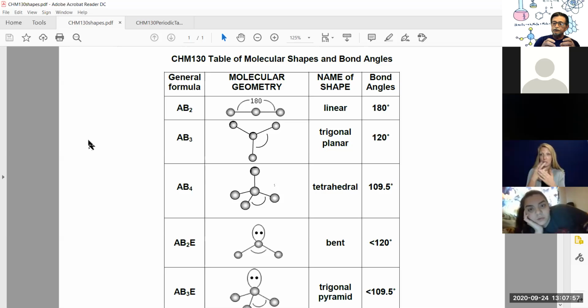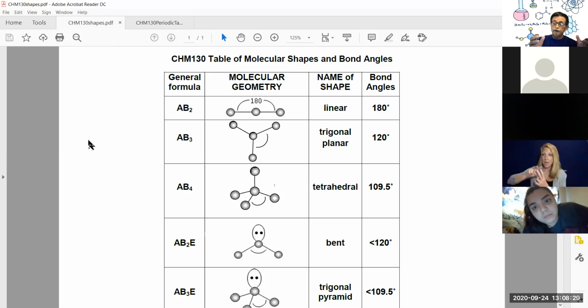Because using the Lewis dot structures, we're going to define a general formula given by the first column there, A, B, and E, where A represents the central atom, okay, which you'll always be told what the central atom is, and B represents whatever is bonded to the central atom. And then E represents any what we call lone pair of electrons on the central atom alone.